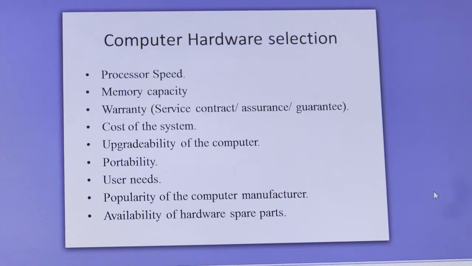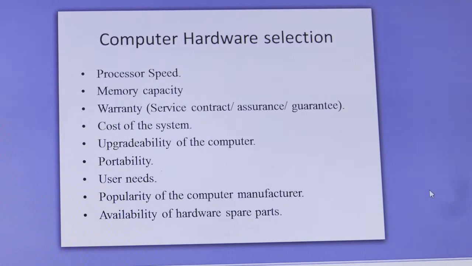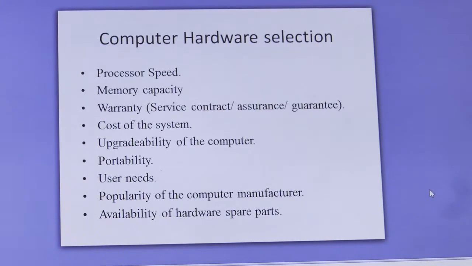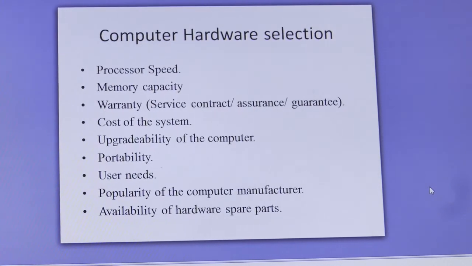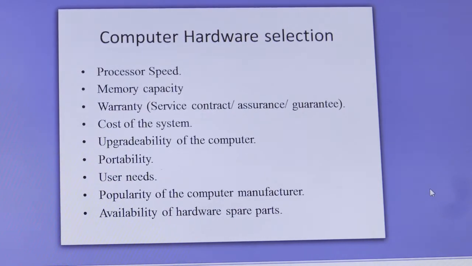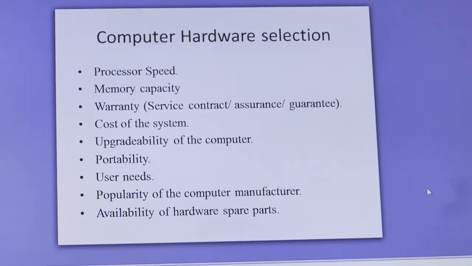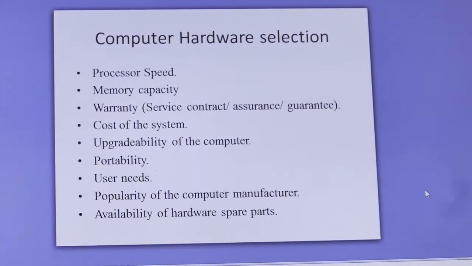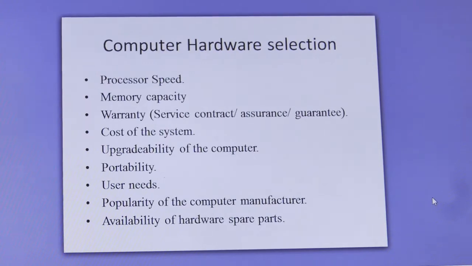Also the cost of the hardware or the computer system that you are buying. Then also upgradability of the computer. Is it a computer that you can upgrade? Like if it's memory, can you upgrade that memory? Then portability.